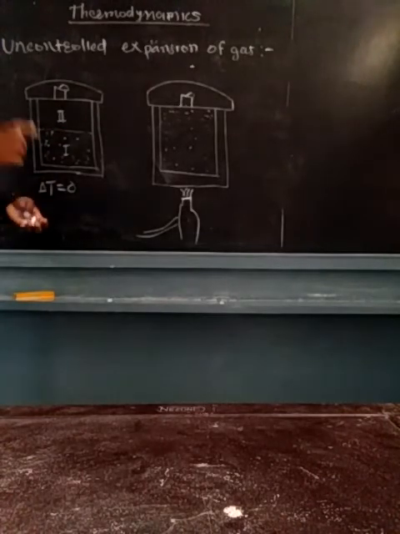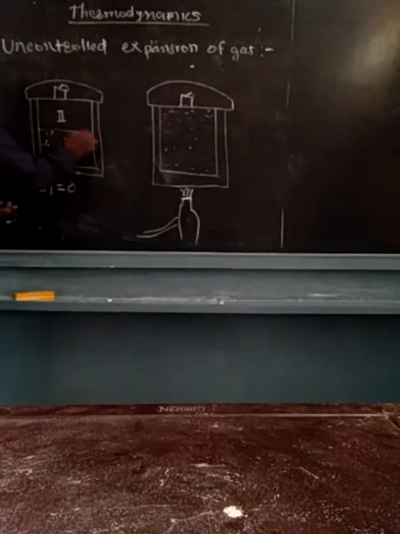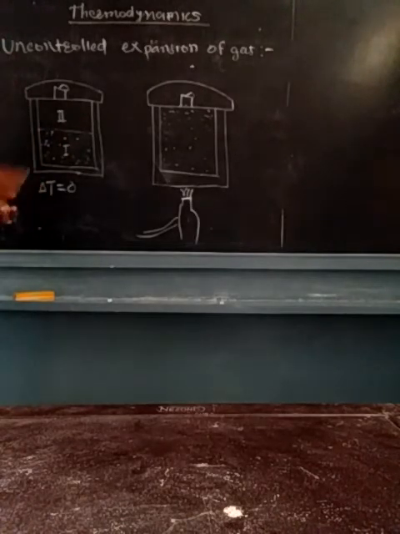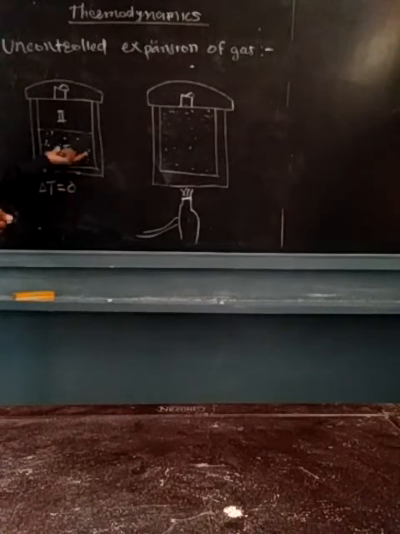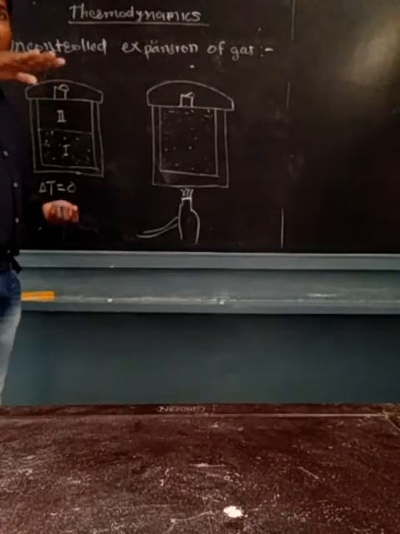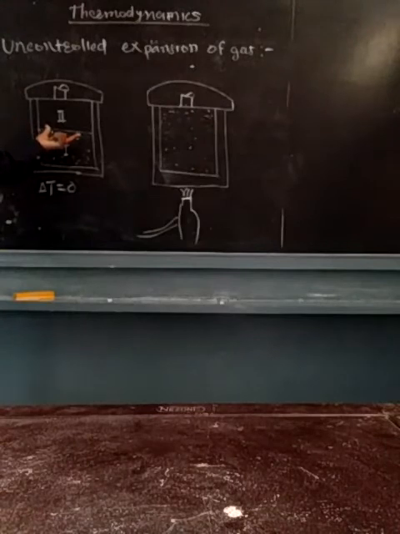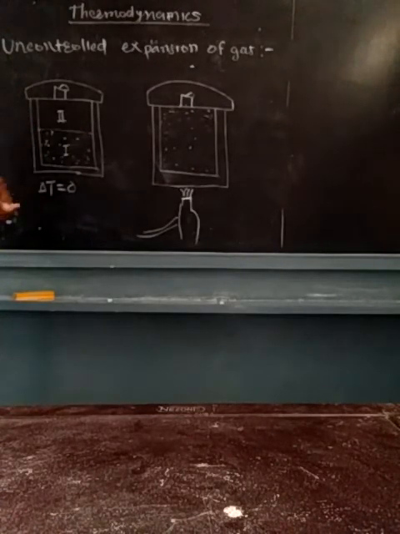As you keep on heating with the help of the external source, the gases will try to impart forces over this breakable section, and finally when it reaches a certain limit, this breakable thin partition will break down.